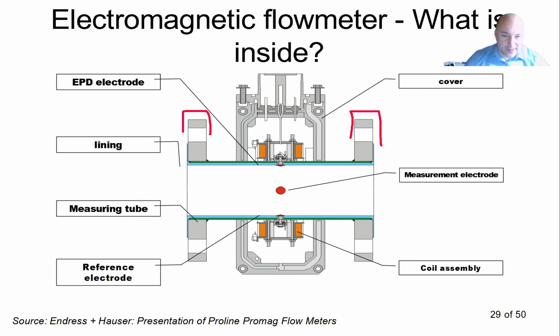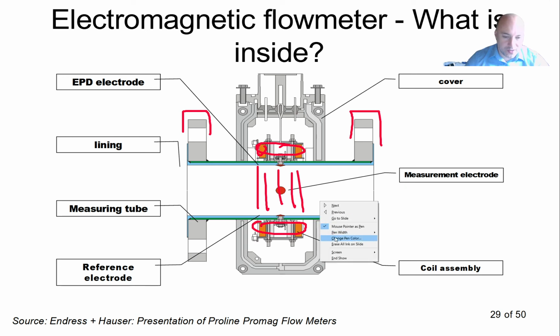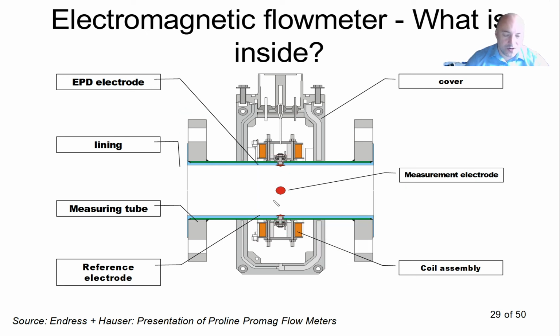And here this is the coil. This coil will create the magnetic field that is going in that direction. In the perpendicular direction to my plane, to my picture, we have the electrodes, one from one side and the other from the other side in the same orientation. So our liquid flows like this.